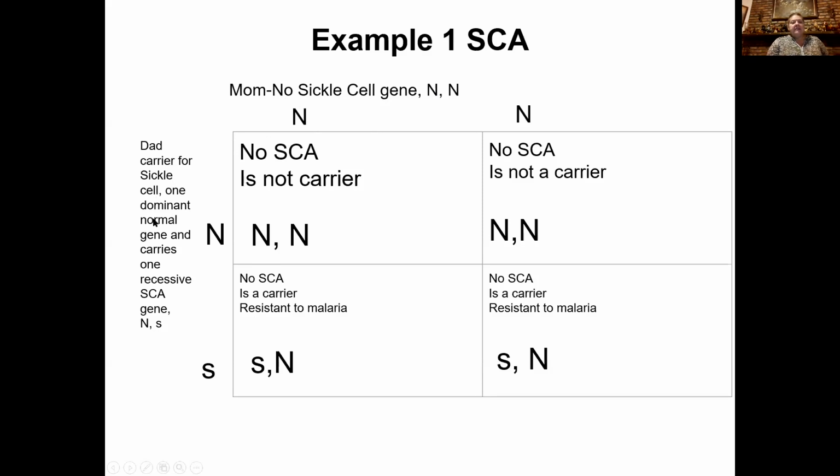That means that he does have the normal gene for creating the blood cells, but he also has the recessive gene for sickle cell anemia. Because the gene for sickle cell anemia is a recessive gene, you would have to have that gene from both parents in order to have sickle cell anemia.